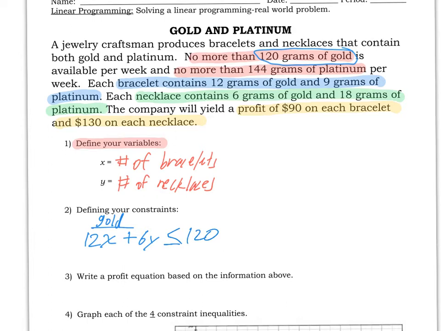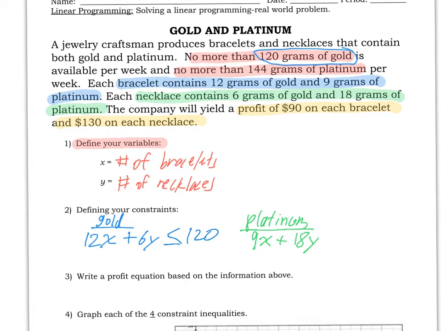Then we have our platinum constraint, again our constraint on the platinum. Each bracelet contains 9 grams of platinum, so that's 9 times the number of bracelets, plus each necklace is 18 grams of platinum, so 18 times the number of necklaces.